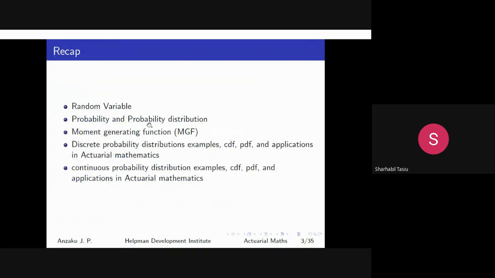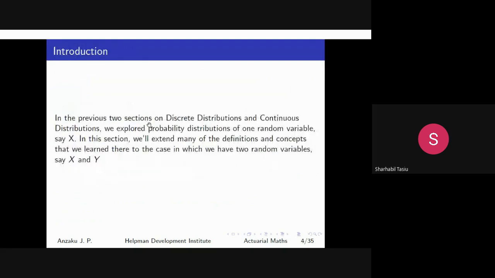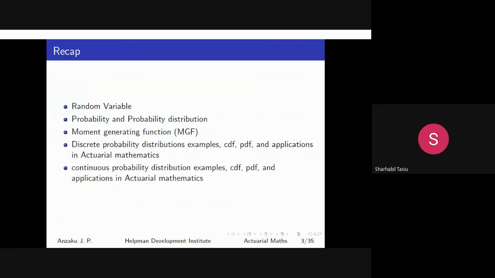All right, so a brief recap. We recall in our previous classes, we talked about a random variable, and we say a variable is a quantity that can take any value. The value varies, and that's why it can assume any value, and that's why we say it's variable.